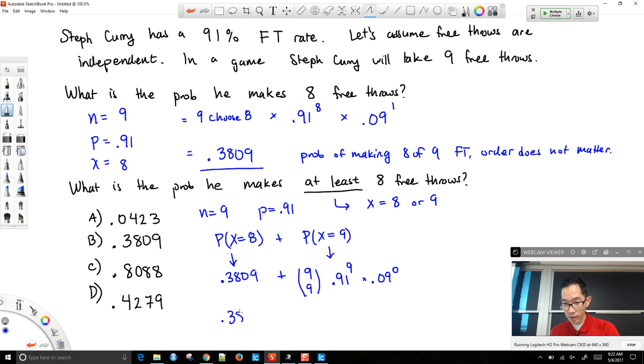When I do this, I get 0.3809 plus 0.4279. What this means is it's actually more likely for him to make all 9 shots than it is for him to miss 1 shot. We add these together, and we get 0.8088.